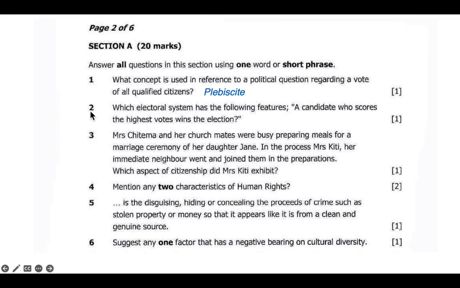So we go to the second question. Which electoral system has the following features? A candidate who scores the highest votes wins the election. We call this first past the post, sometimes FPTP in abbreviation, or we can refer to it as the single member plurality system.